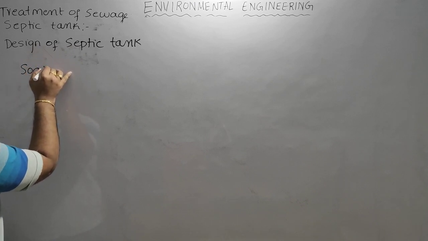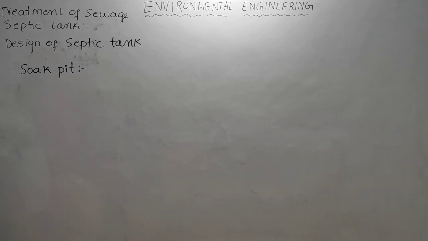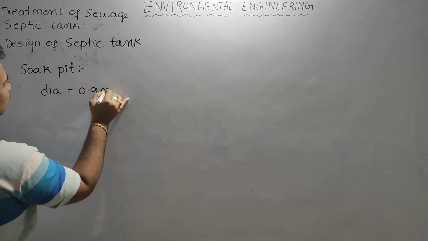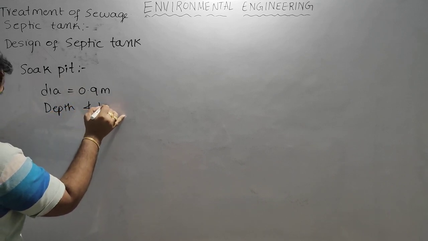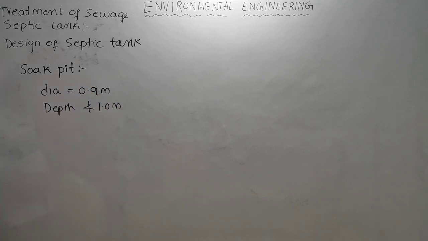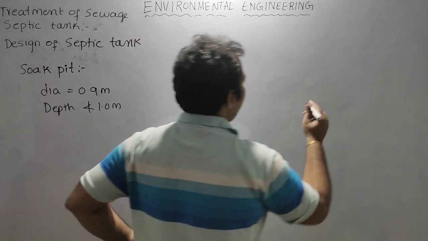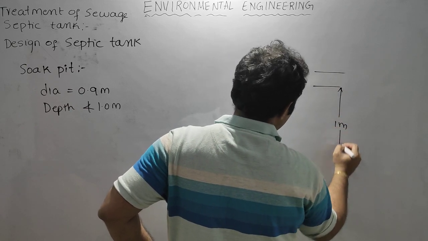Generally, the soak pit will have dimensions of 0.9 meter diameter, and the depth should not be less than 1.0 meter below the invert, that means from the bottom point of the effluent pipe.